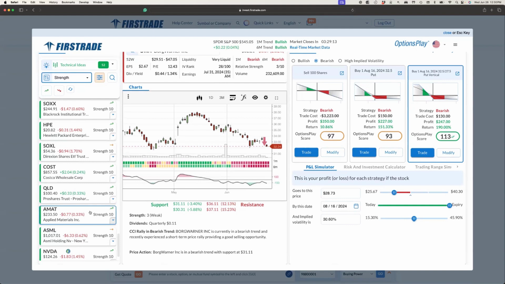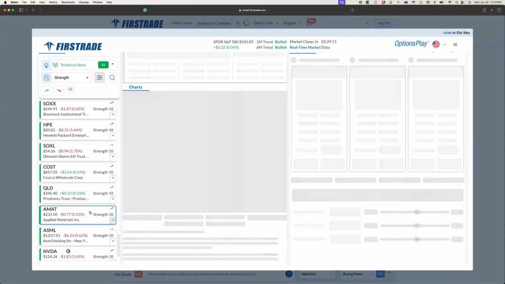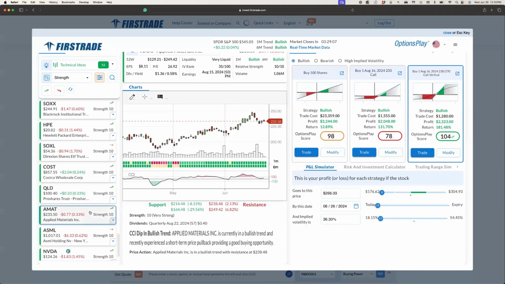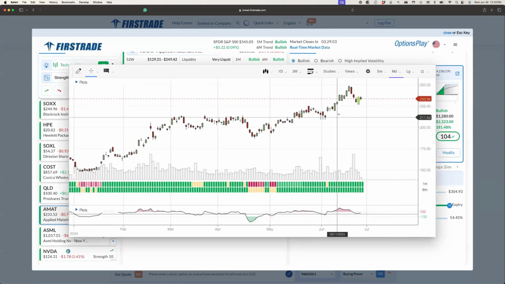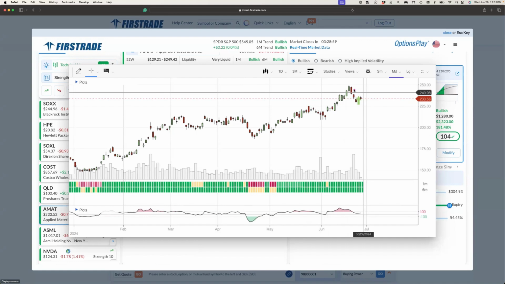Basically you can click on any of these, and it scans for that specific indicator, that specific setup that I showed you before. What you're looking for is a stock that has a clear bullish trend, then a pullback in that bullish trend, and you're looking for that continuation. So this tool scans for that specific scenario for you and lets you know which stocks have met that specific criteria.